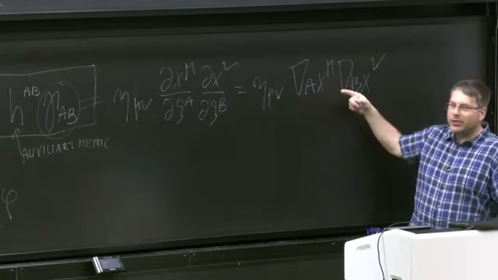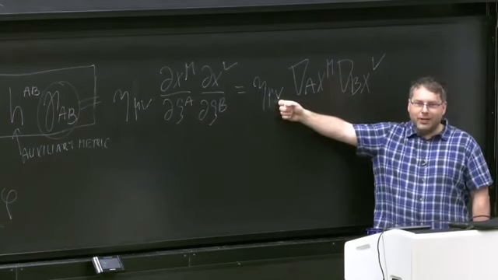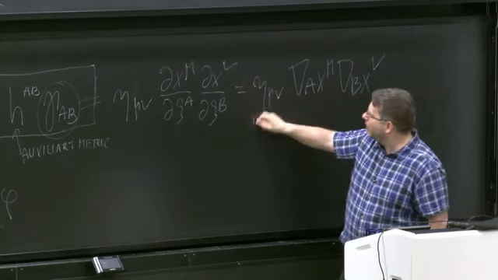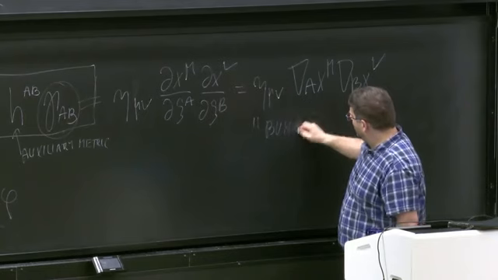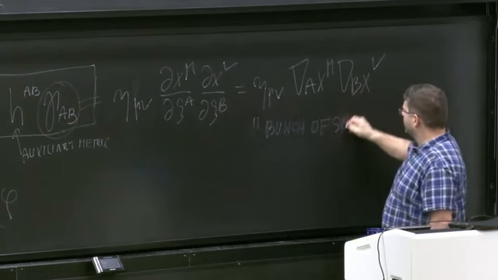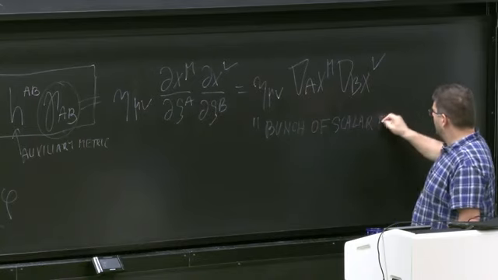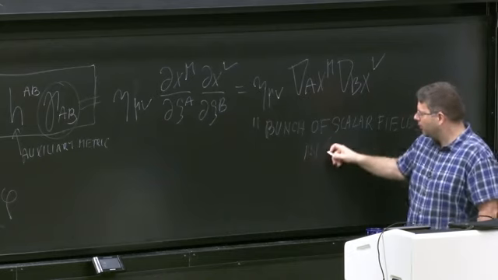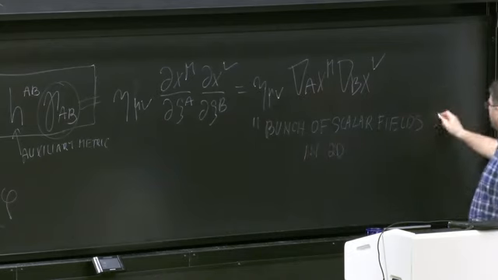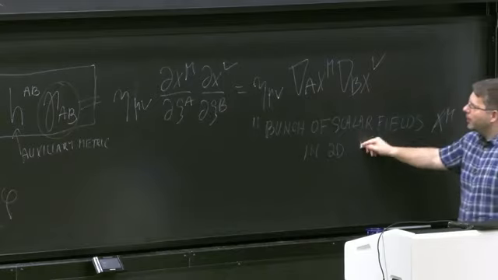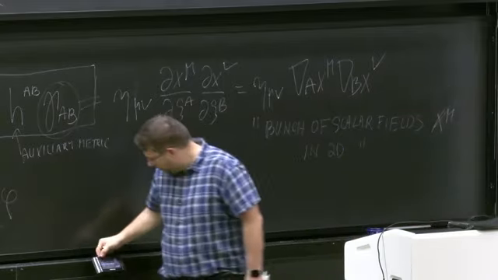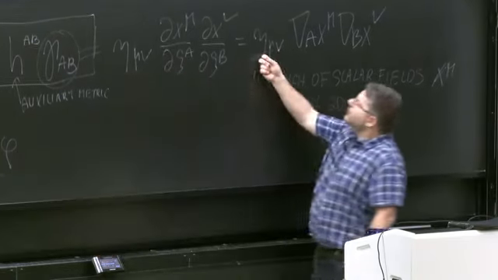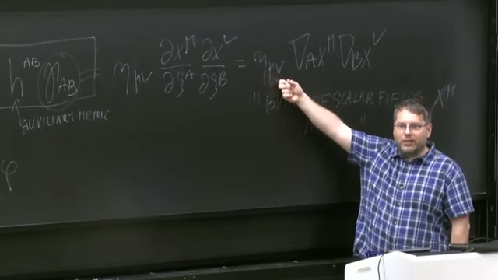Where I sum over these scalar fields with a weird sum. The sum is through the Minkowski metric. It's like a bunch of scalar fields in 2 dimensions, in 2D. These scalar fields are x mu. But one of these scalar fields, precisely the x0, comes with a different sign of this nabla phi square.